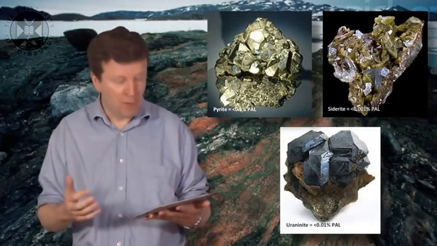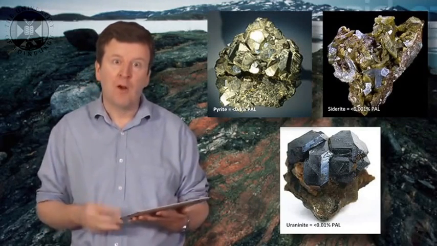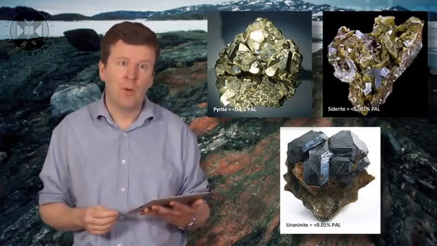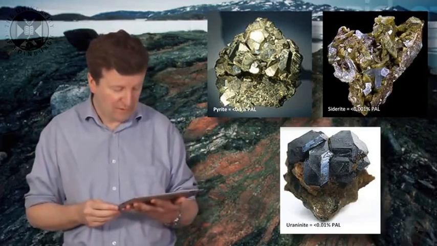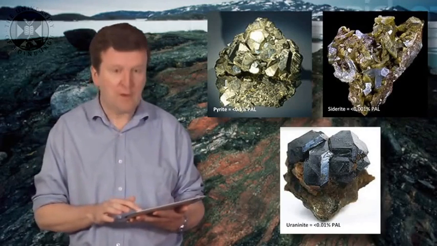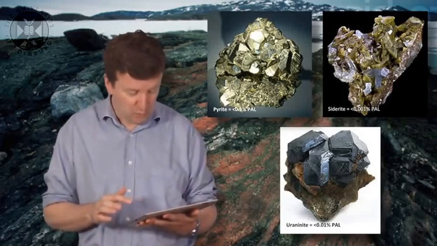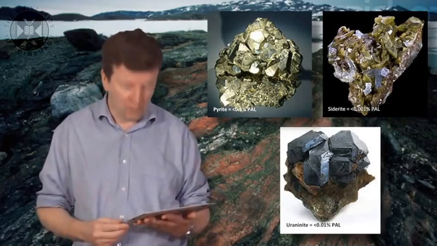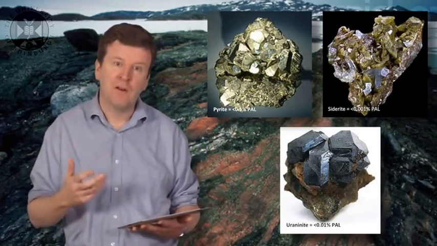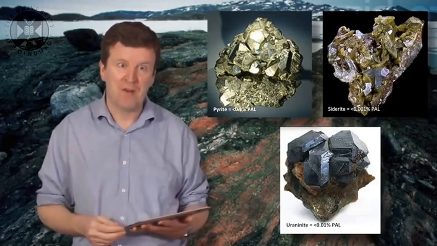Uraninite, which is a uranium oxide, which tends to be formed at oxygen concentrations much less than 0.01% of present atmospheric levels. And siderite, which is iron carbonate, which is really only formed at oxygen concentrations much less than 0.001%.